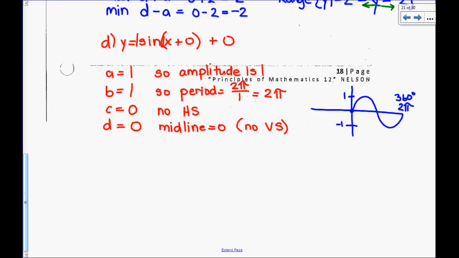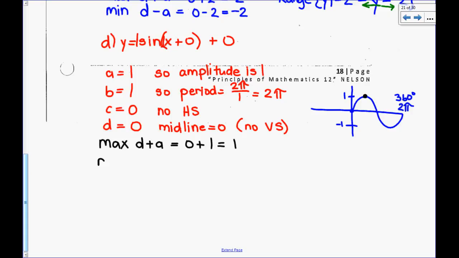Okay, let's see if we can figure out our maximum. Max point would be d plus a, your midline plus your amplitude. So if my midline is 0, my amplitude is 1, my maximum point is 1, yes it is, right there.